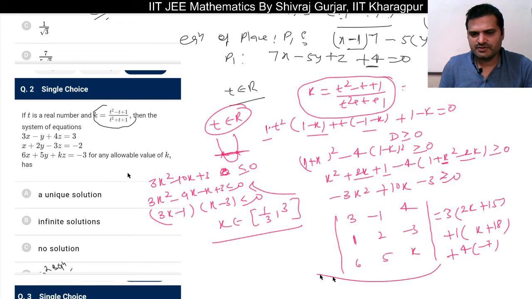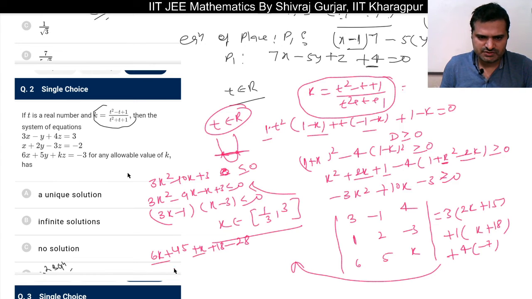So let us simplify this: 6k plus 45 plus k plus 18 minus 28. So this is 7k, and this is minus 10, so 35.